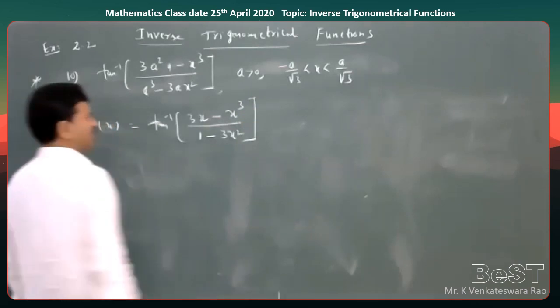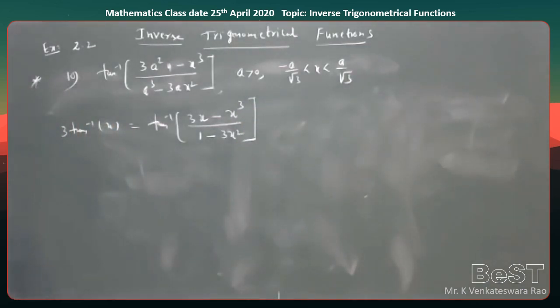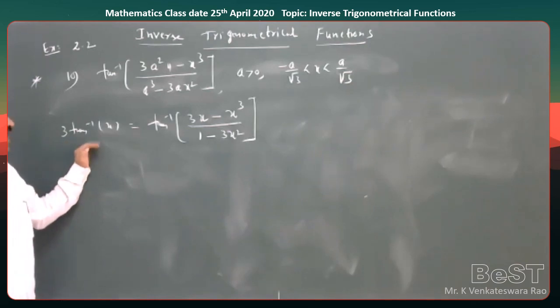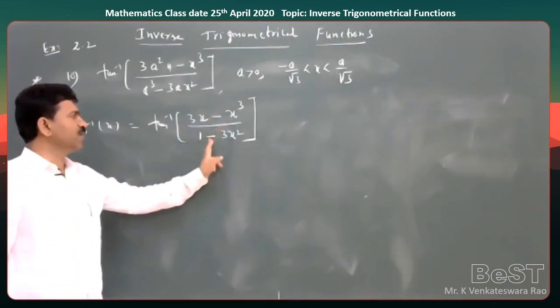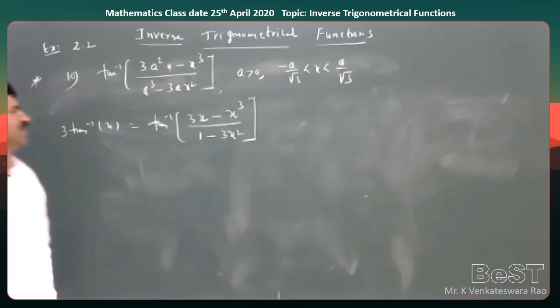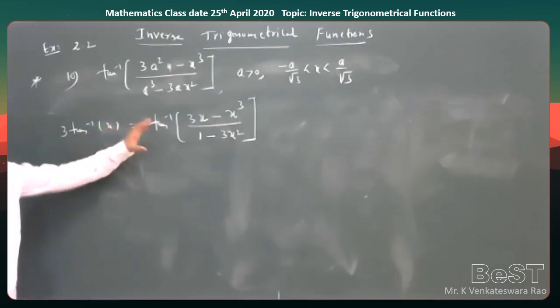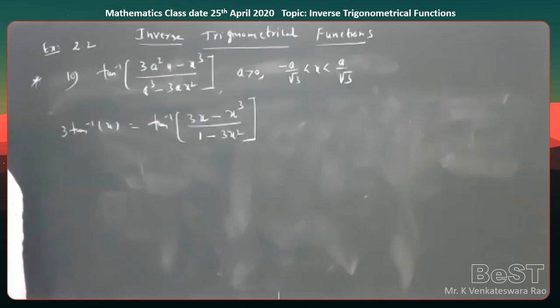Note down this formula. Yesterday we derived it. 3 tan inverse of x is equal to tan inverse of 3x minus x cube by 1 minus 3x square. So this is the key formula to crack this question.